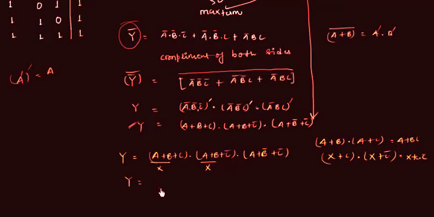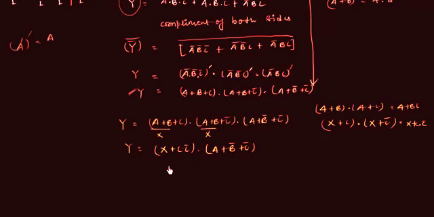So Y is equal to X or C and C complement, and from the last max term we have A or B complement or C complement. Now C and C complement is definitely equal to 0. And X or 0 is equal to X, and X is equal to A or B. So we have A or B, and here we have A or B complement or C complement.